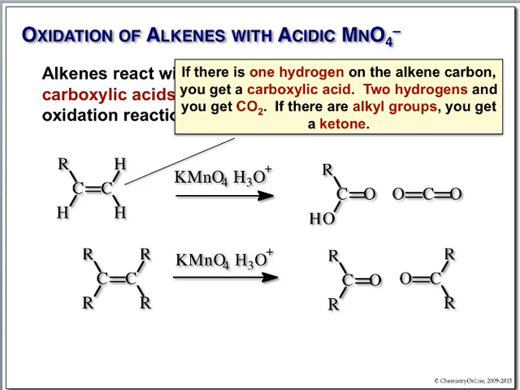Permanganate takes the aldehyde, makes a carboxylic acid, and actually it takes formaldehyde all the way to CO2. Here we have alkyl groups everywhere. If we split this, we simply make ketones. So we wind up with ketones, carboxylic acids, and CO2, depending on what's attached.